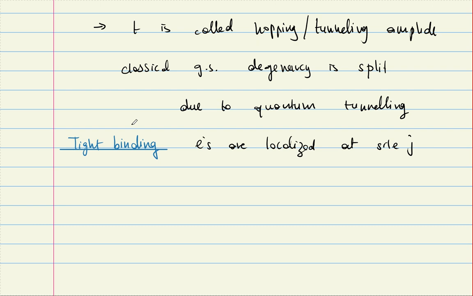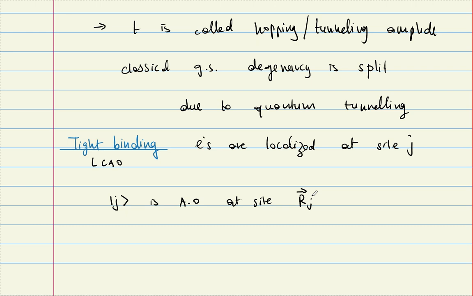Okay. So by the way, some chemists call this, it is not exactly the same method, but it is related, LCAO, linear combination of atomic orbitals. And let me set up the notation. So this |j> is the atomic orbital at site, if you want, R_j.